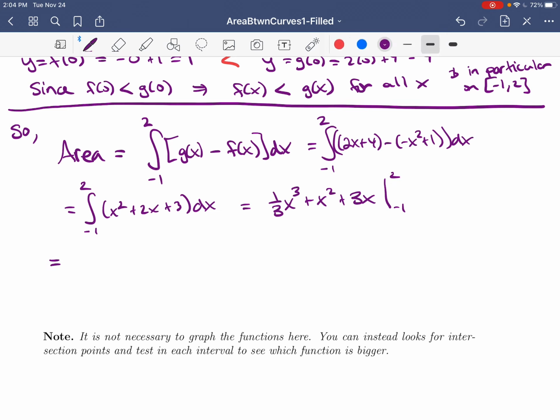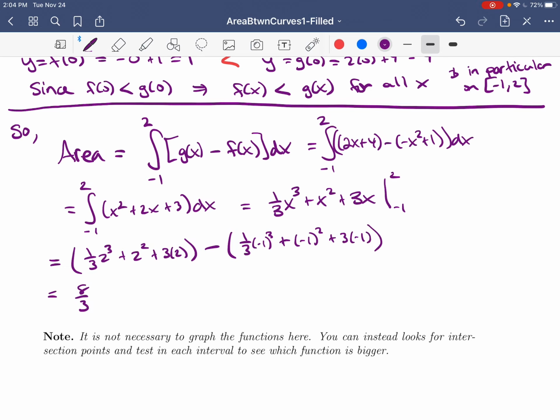So I take that whole thing and I plug in 2 everywhere, so it's 1/3 2 cubed plus 2 squared plus 3 times 2, and then I subtract the whole thing with -1 plugged in, so 1/3 minus 1 cubed plus -1 squared plus 3 times -1.